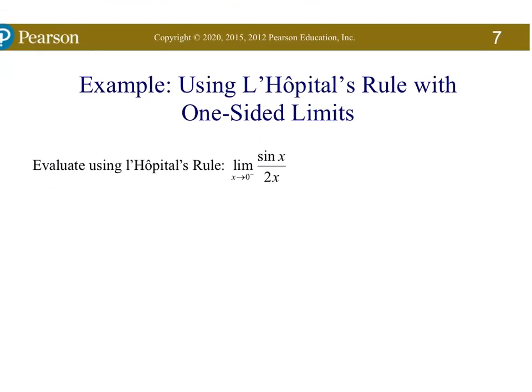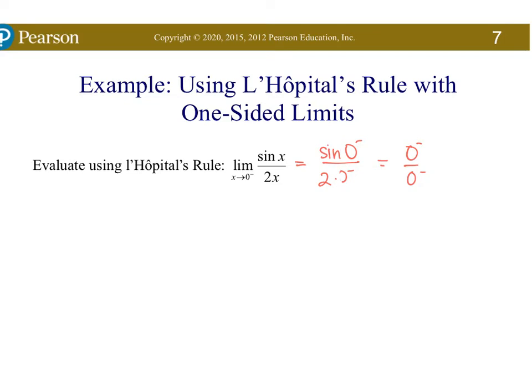You can use L'Hopital's rule for one-sided limits as well. When we substitute in the sine of 0 from the left over 2 times 0 from the left, I still end up with 0 from the left and 0 from the left, which is an indeterminate form.